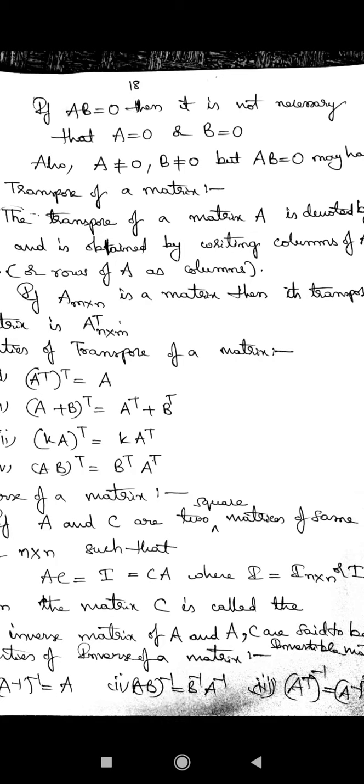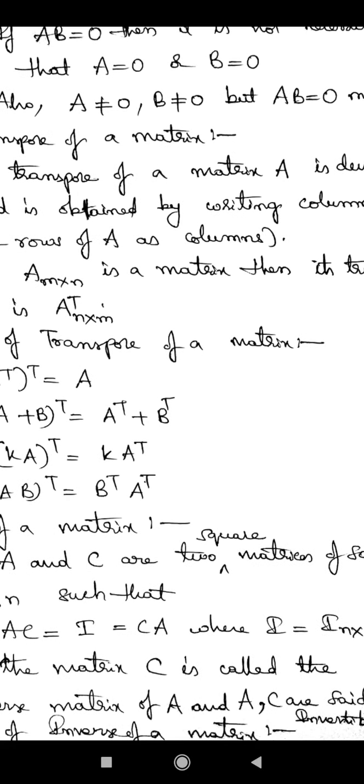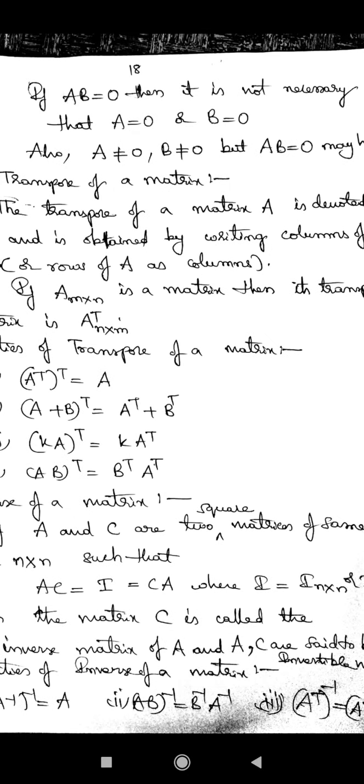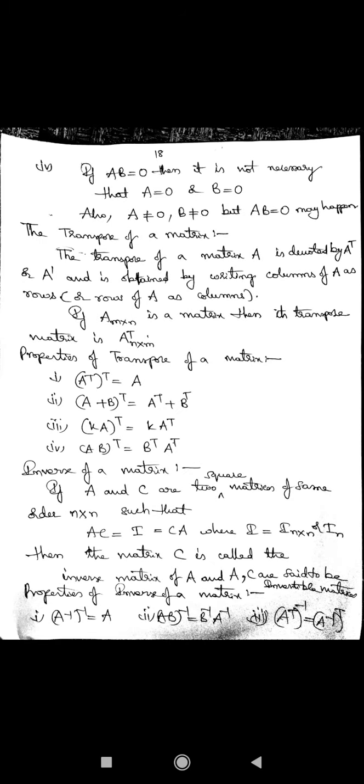So if AC is equal to I is equal to CA, then we say that the matrices A and C are invertible matrices and C is called the inverse matrix of A.